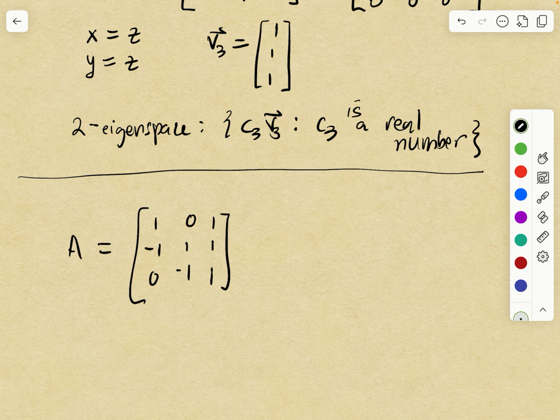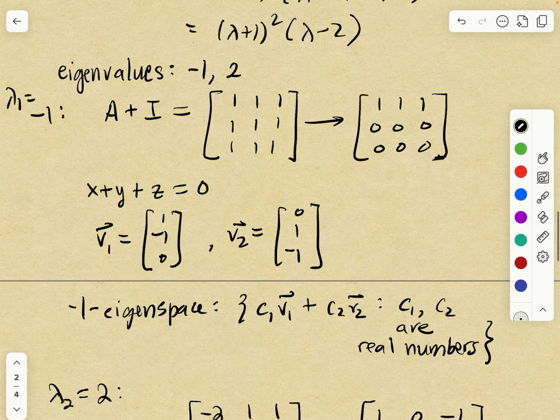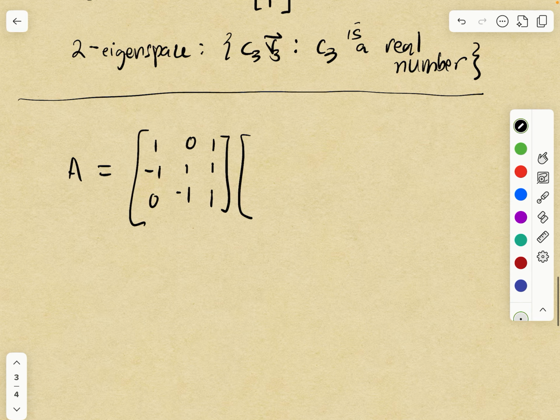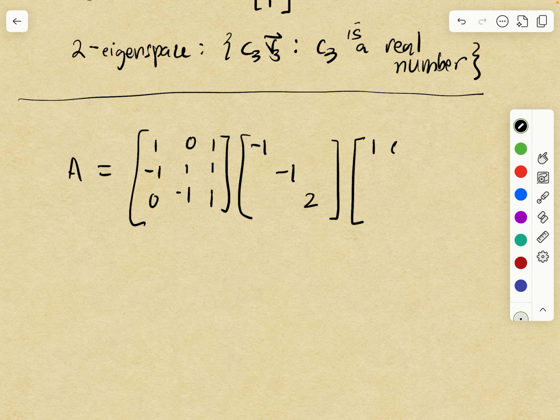So this is this matrix times D. v1 and v2 had eigenvalue negative 1, so I have negative 1 on the diagonal, and then I have a 2, and then the inverse of this matrix P. So that would be a diagonalization of the matrix A. Okay, so I've written it in the form PDP inverse.